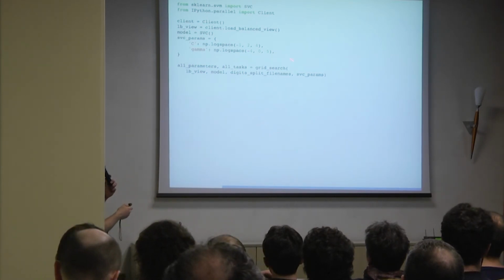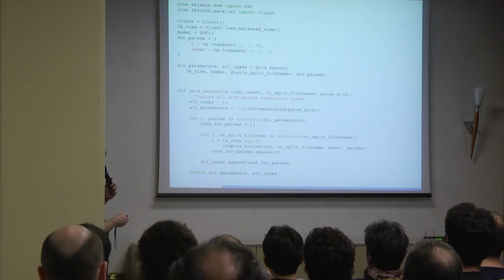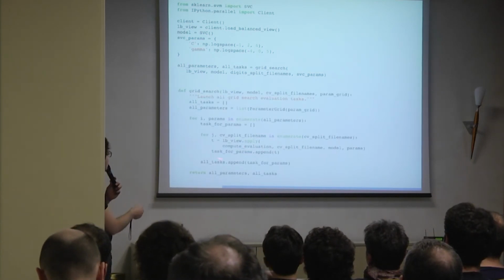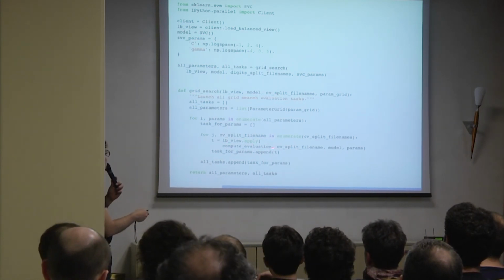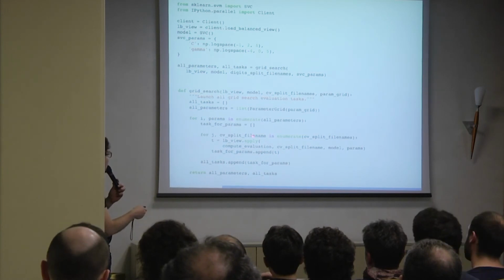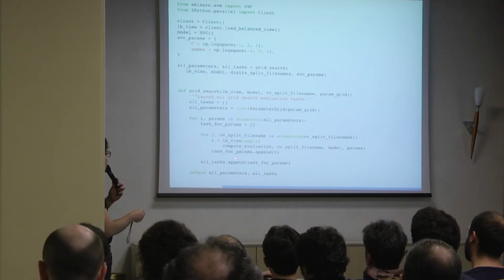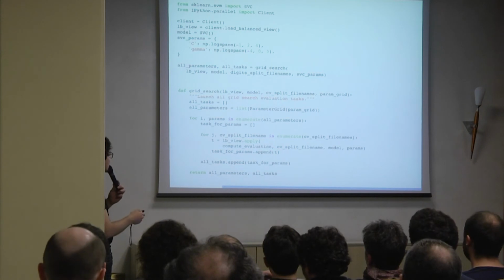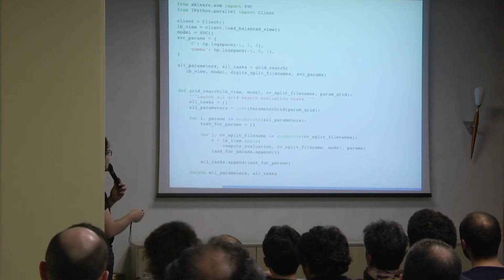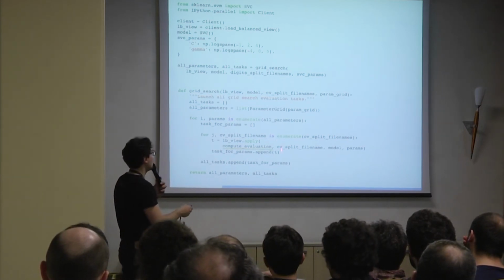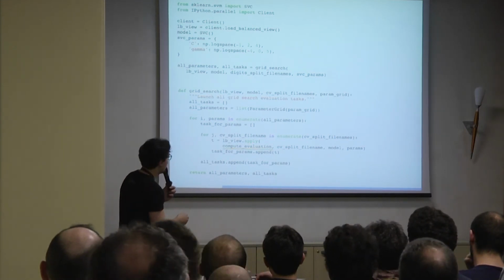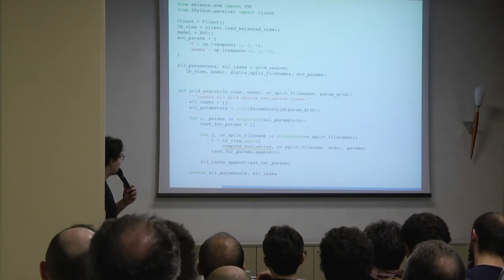We want to apply the grid search, so the grid search function is going to apply in parallel the evaluation of the fitting function on every bunch of data we're going to use for every possible parameter configuration. But the compute evaluation function is the one we want to point out.